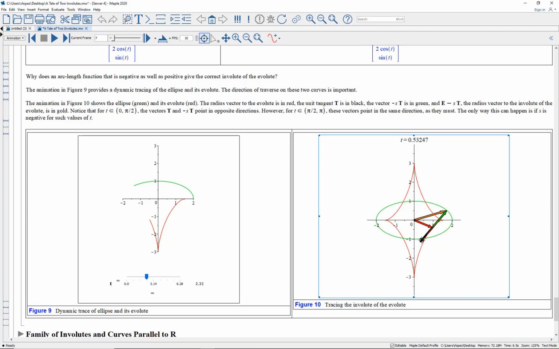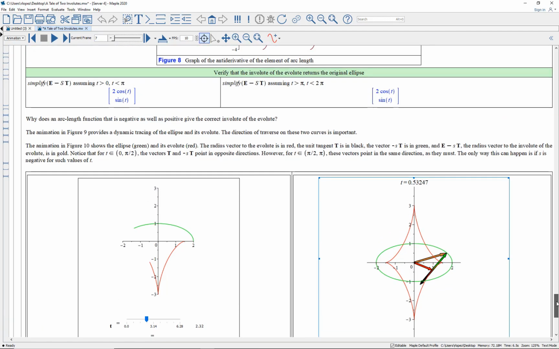So this black vector is a tangent vector in the direction of motion. The green vector is the negative of the arc length times this black vector. So it points in the opposite direction, because here the arc length is positive.